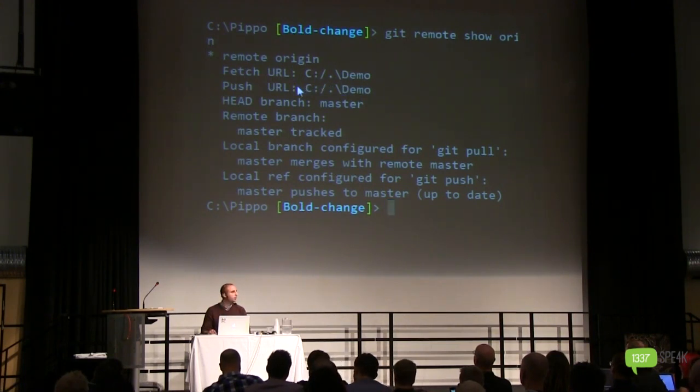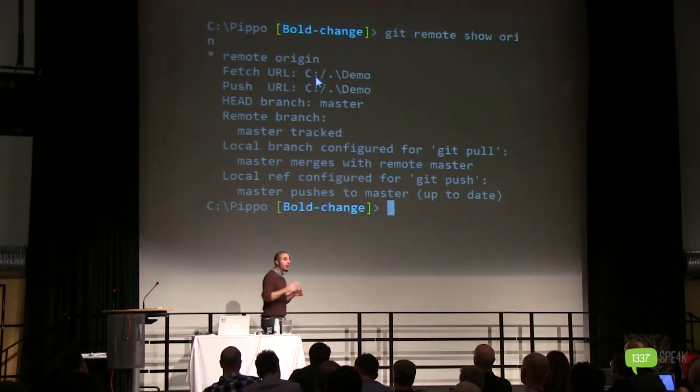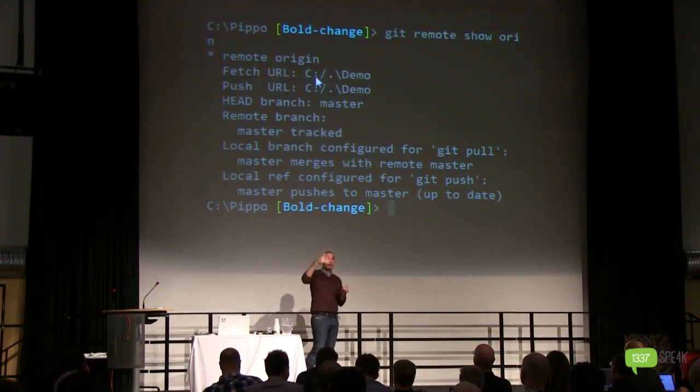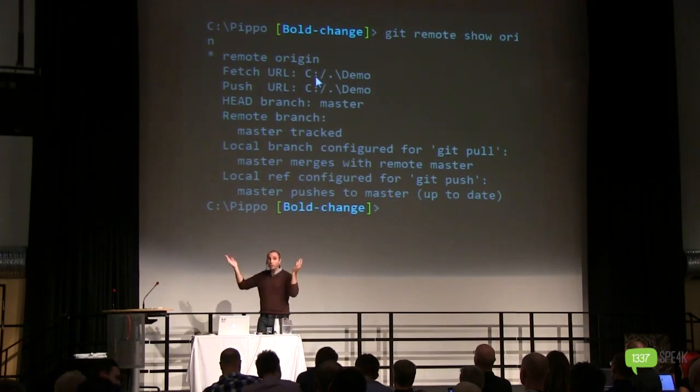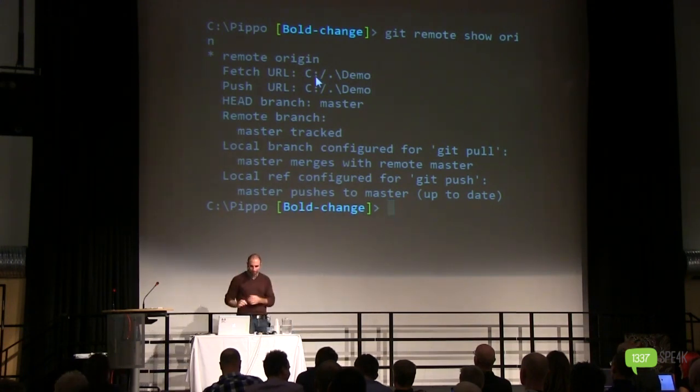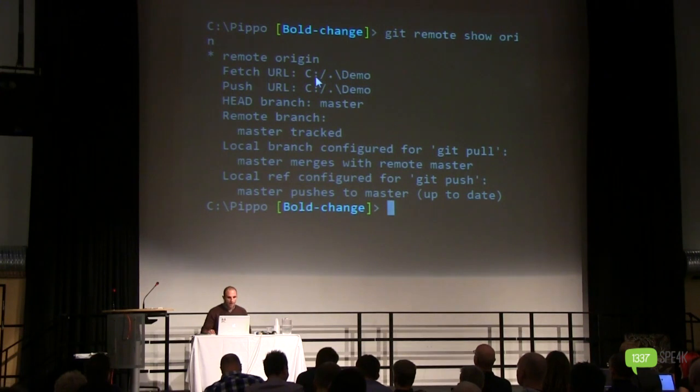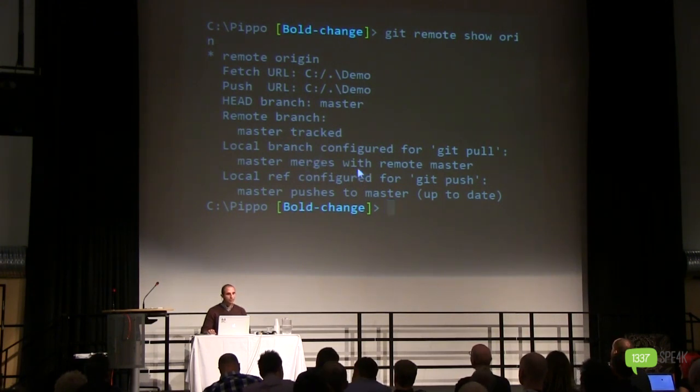And when I send my changes, where am I sending them to? To this URL. Of course, this now is C:, but it could be HTTP, it could be a file share, anywhere that's pointing to a directory. And what's also interesting is that I have also a master, and this master is automatically configured to update the master reference on that remote.